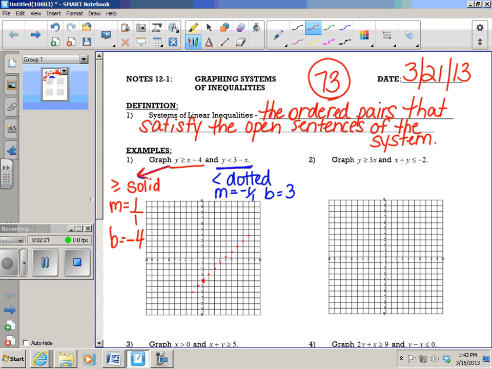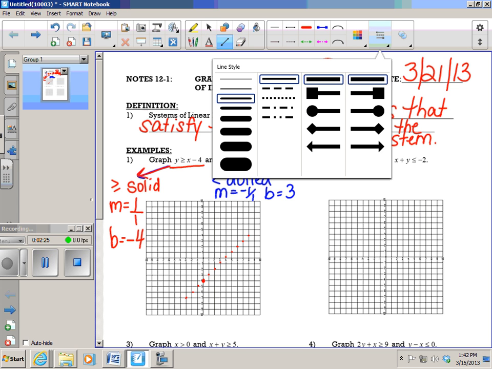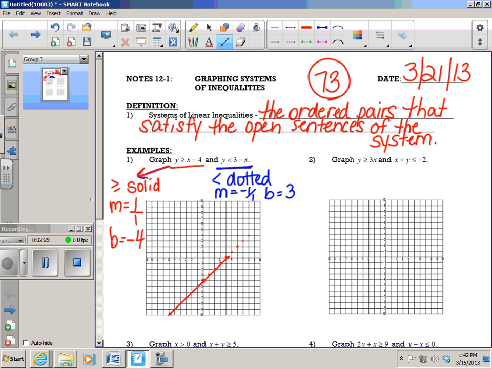And it's going to be a solid line. Looks like that. And while I'm on this inequality, let's test the point 0, 0. So 0 is greater than or equal to 0 minus 4. Just plugging in the 0 for the x and the y coordinates.